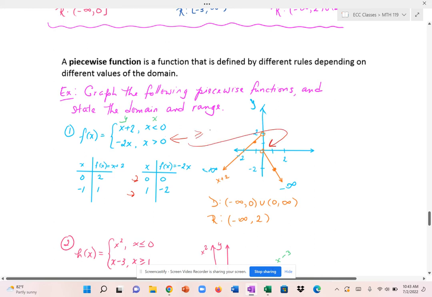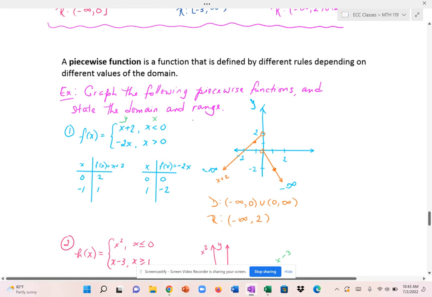If it was greater than or equal to, I would have to color in the point at 0, 0. But it's just greater than. So I have an open circle at the origin, and then my other point is 1, negative 2. That's this one. Connect the open circle to that point going to the right and down, and there's the second half of that piecewise function.